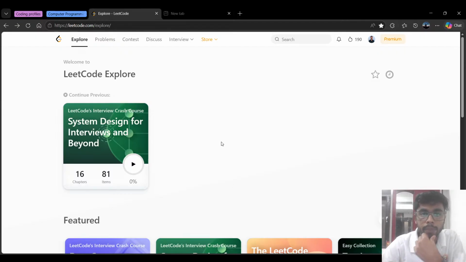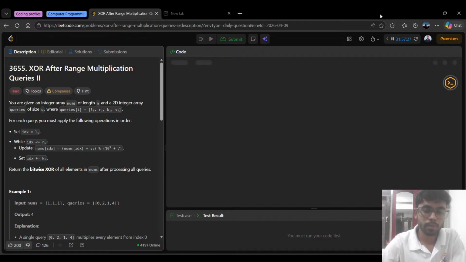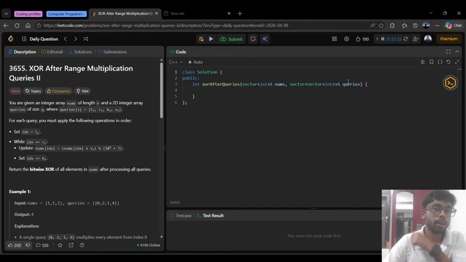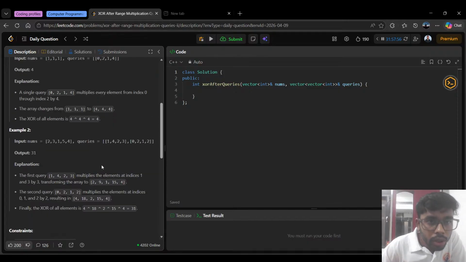Okay, so let's see what we have got for today. We have the second variant of yesterday's problem, XOR after range multiplication queries. Yesterday we did it using the brute force approach, but I think today we'll hit TLE.